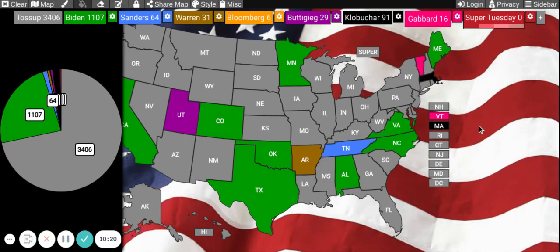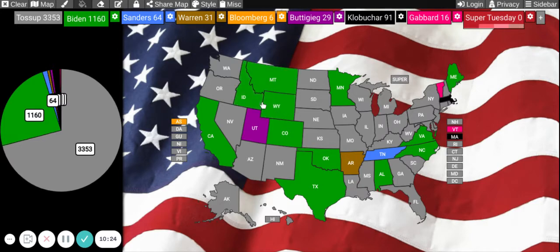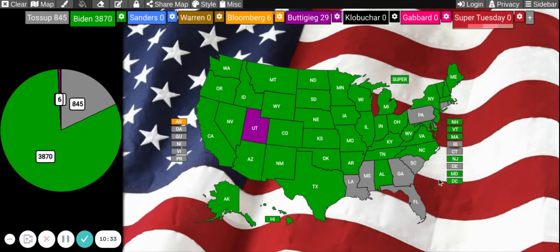So therefore, we have the clear winner here, Biden. The rest of the candidates will usually drop out, and he will go on to sweep the nomination. So that is why Super Tuesday is another very important thing.